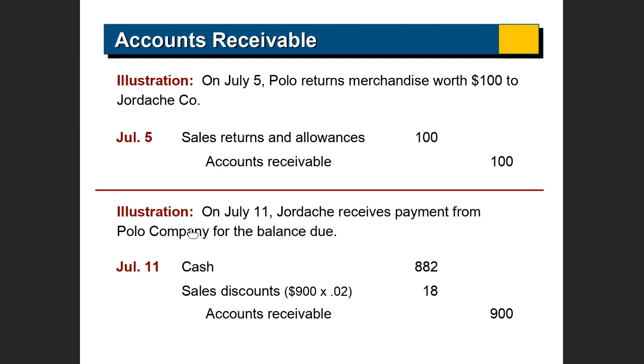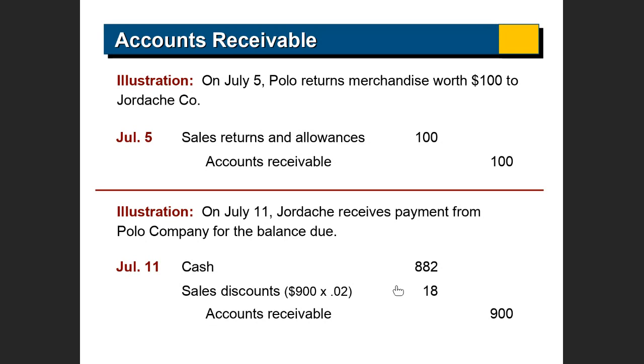Okay. So we have on June 11th, the company, the seller, receives the payment for the amount due. So when you see this, that means now what is due from the customer is 900, right? Are they within the 10 days? Yes, they sold on the 1st, they're paying on the 11th, so they're still on the last day of getting the discount.